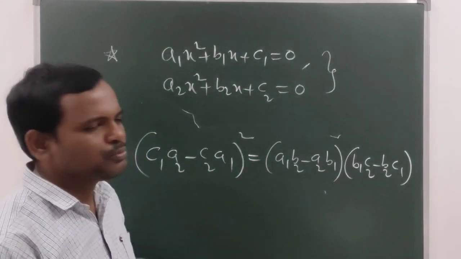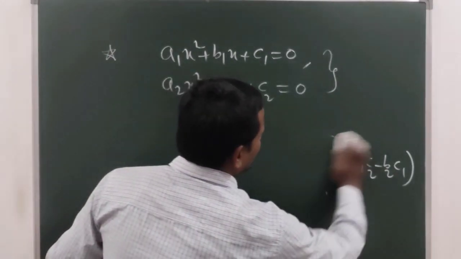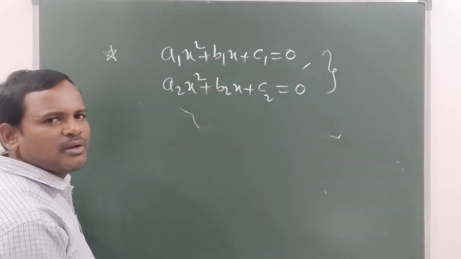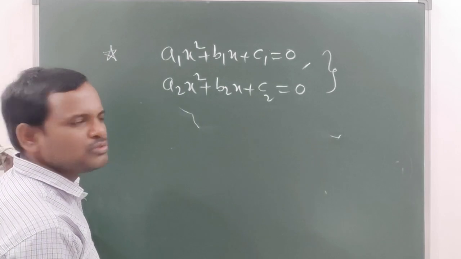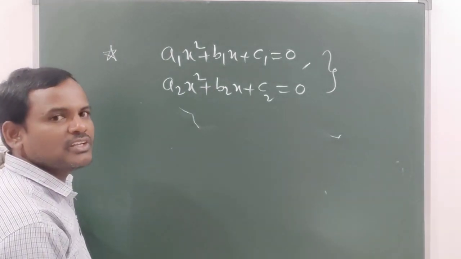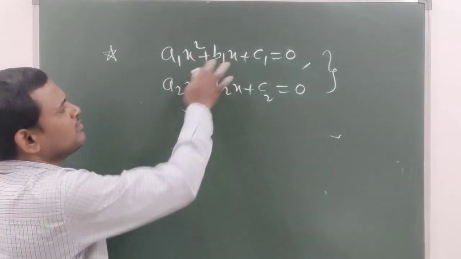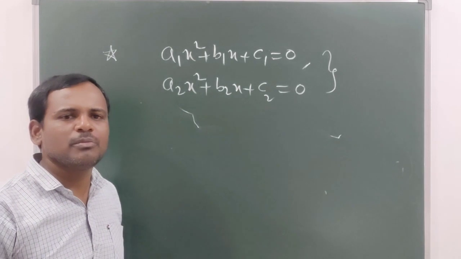If you want the proof, now I can give it to you. See, solve these two quadratic equations by the method of cross multiplication. You know how to solve these two equations by cross multiplication. In this method, first we have to check whether the given equations are in standard form or not.